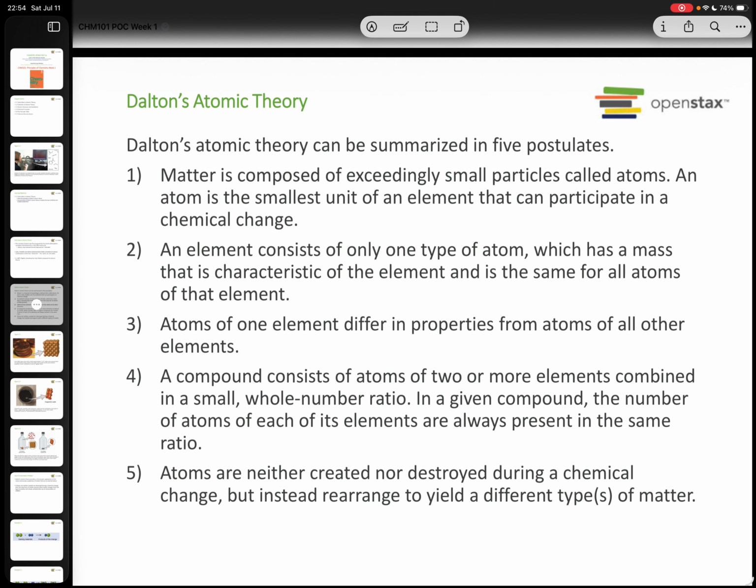So number 4, compounds are formed when atoms of 2 or more elements combine in small whole number ratios. Okay? So, yung last is, atoms are neither created nor destroyed during a chemical change. Instead, they are rearranged, no? So this last postulate is especially important because it connects atomic theory with conservation of matter.